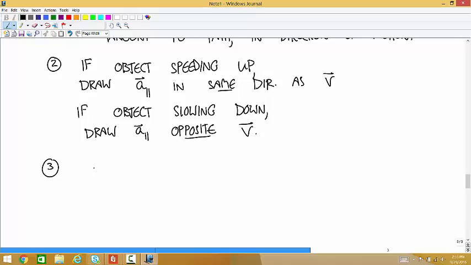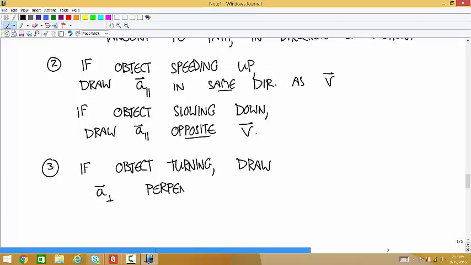Third, if the object is turning, draw A perpendicular to the velocity vector, in the direction of the turn.